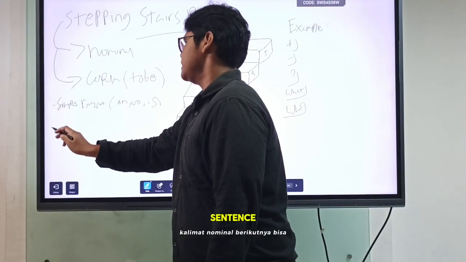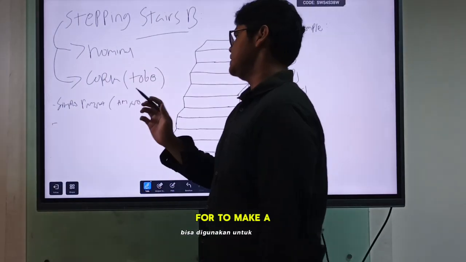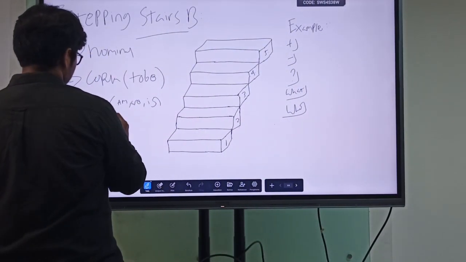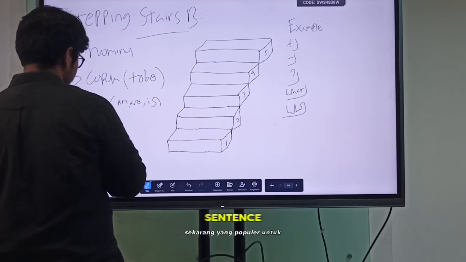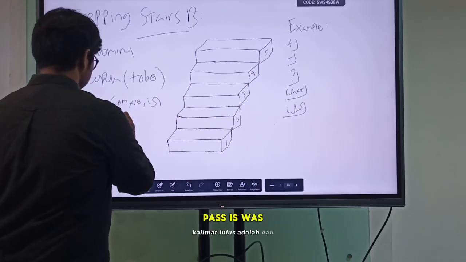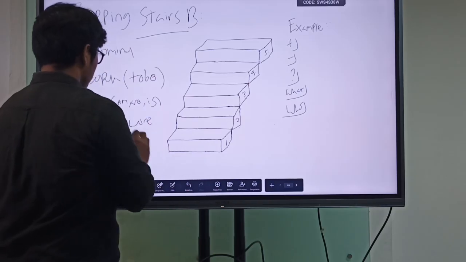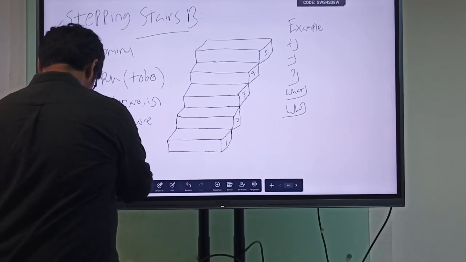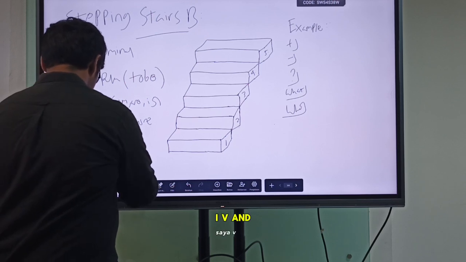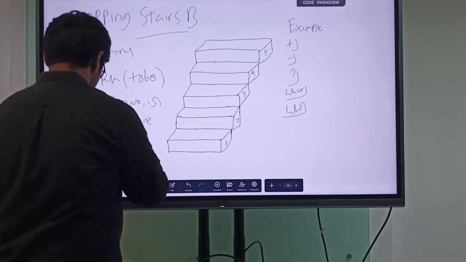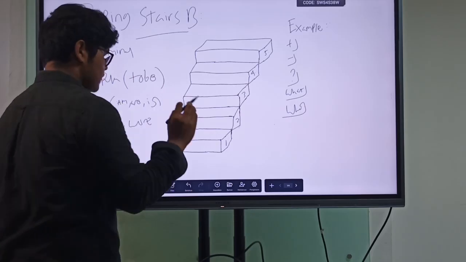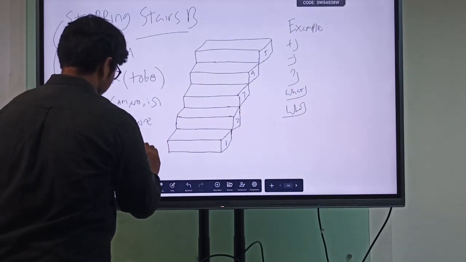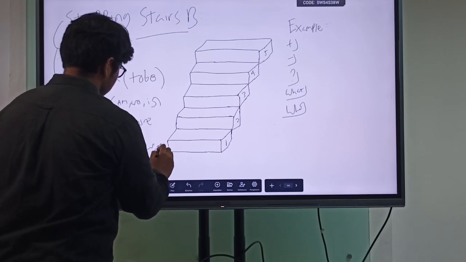Next, the nominal sentence can be used to make a past sentence. The copula for the past sentence is was and were. Was is for the subjects I, he, she, and it, and were is for the subjects you, we, and they.